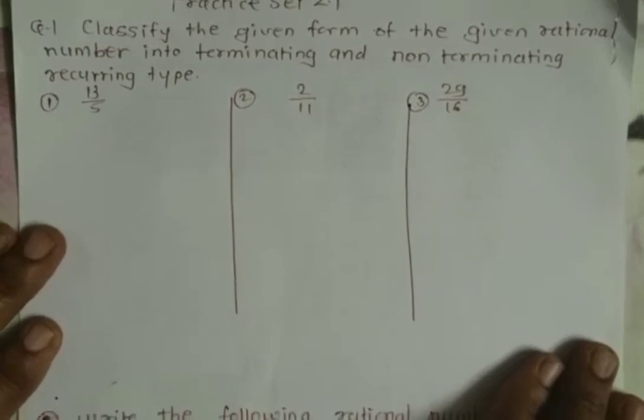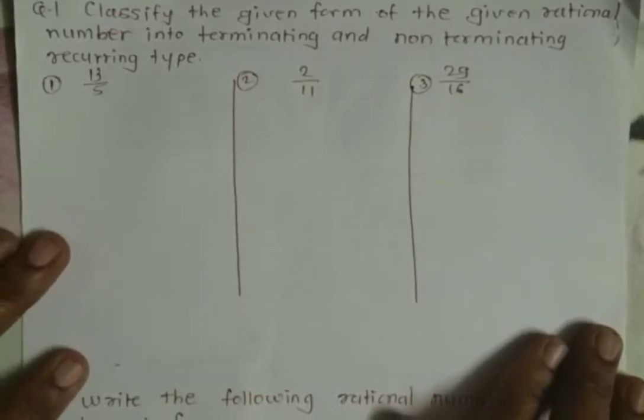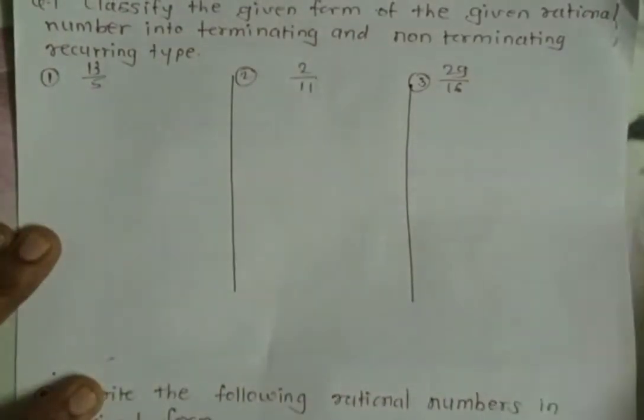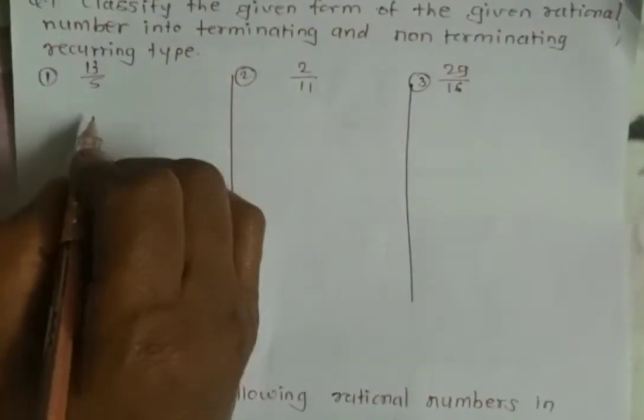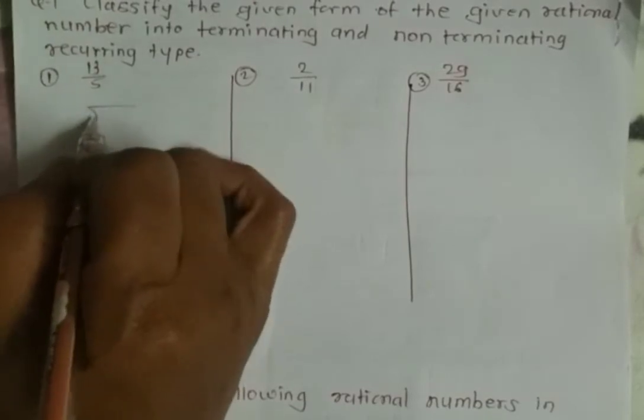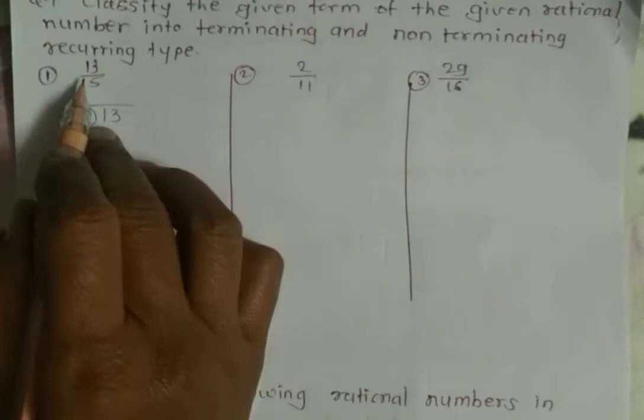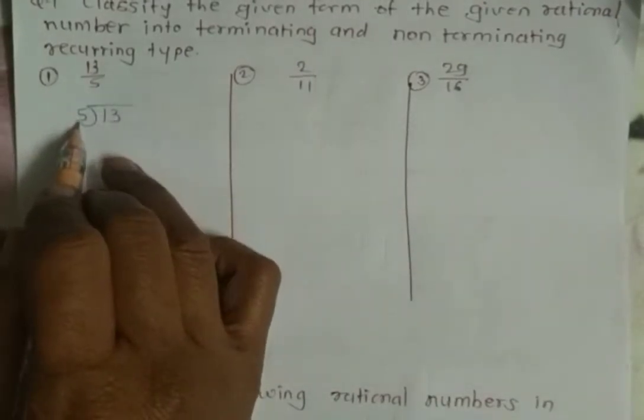The first example is 13 upon 5. We transfer this 13 upon 5 into decimal form. For that, divide the numerator by the denominator. Numerator is 13, denominator is 5.